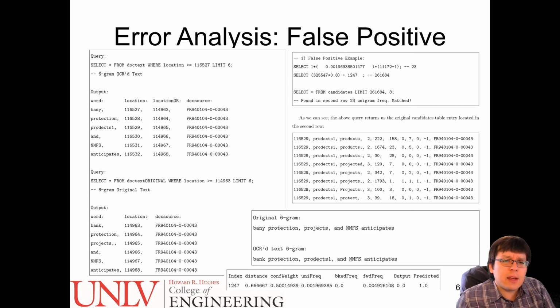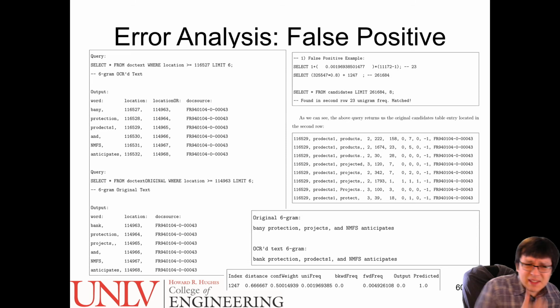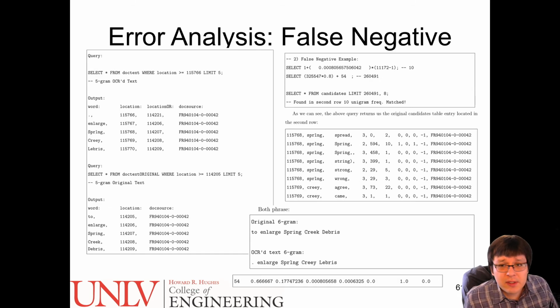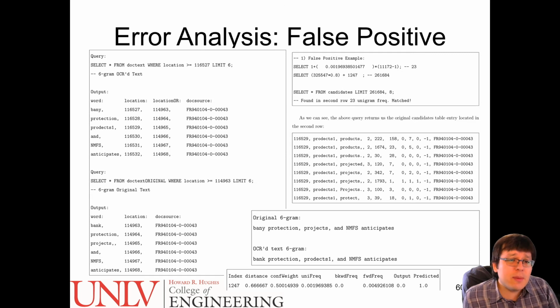As I was saying, I wanted to talk about what kind of errors we had. Ultimately, the two kinds of errors that we have are false positives and false negatives. And so what can we do?